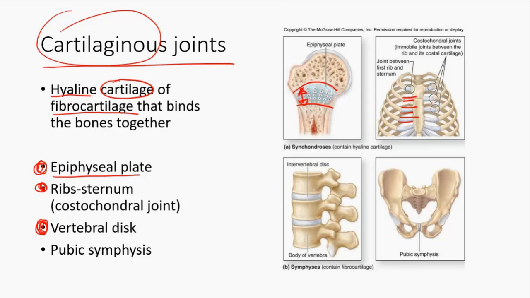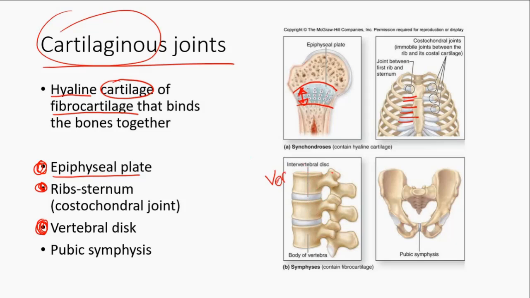In the same way, if you get hit in that area, or during your breathing process, there's room for your ribs and your sternum to open up, to allow for more space. So essentially, your cartilaginous joints are there to hold your bones together, but also to allow for a little bit of flexibility. We can see this as well between the vertebral bones.